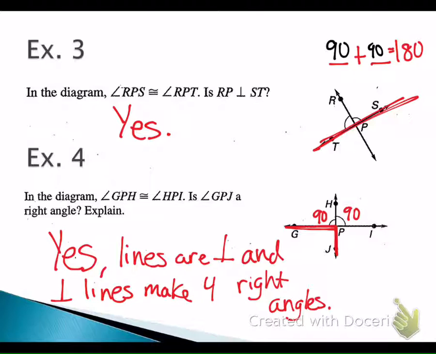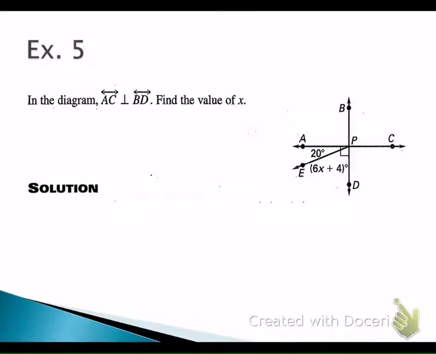I'm not sure. Nothing's fitting in my book. This says in the diagram, line AC is perpendicular to line BD. So AC goes this way, BD goes this way. Find the value of X. So this is what kind of an angle? 90. So what do I do with the 2 smaller angles?